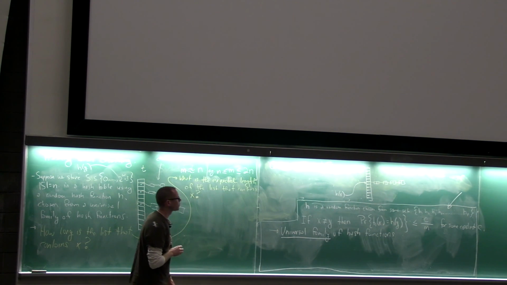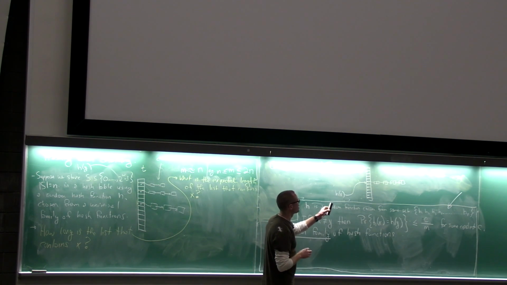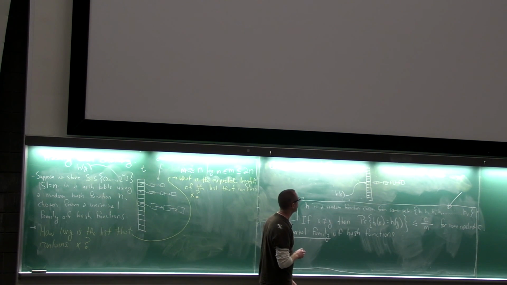Now X is not going to be in that list, but there's going to be some other stuff in general in that list, any of the other elements, any of the elements in S. And we'd like to know how many of those.